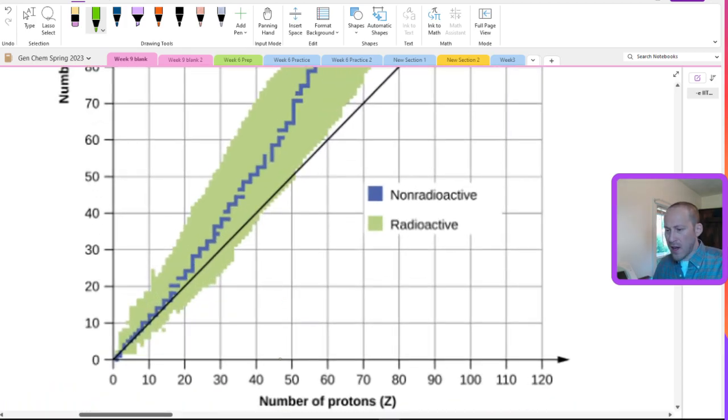And if you try to have a certain number of protons and neutrons that's outside of the green band here, then that nucleus will essentially just not work. It'll instantly fall apart or not happen, or those particles will be more stable in some other configuration that does fall within this green band.